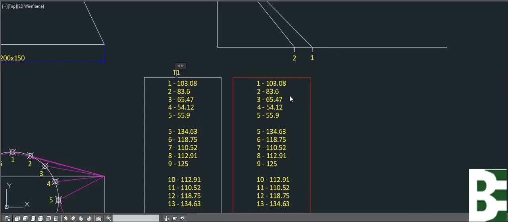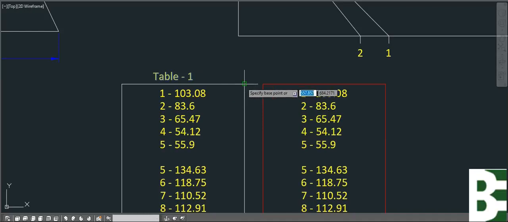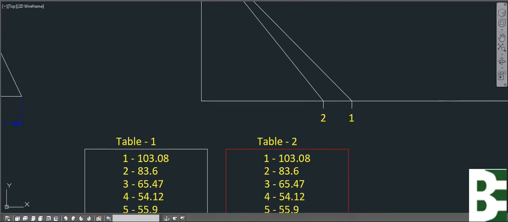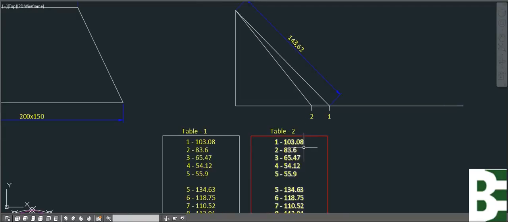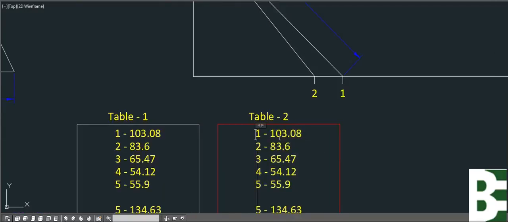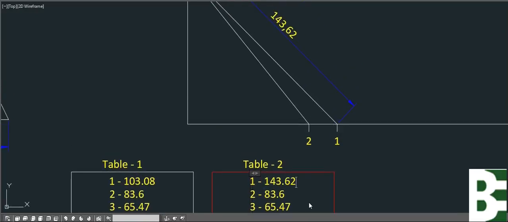This is table number 1. All the dimensions from the plan view we have put in table number 1, and from table number 1 we will get the dimensions for table number 2, same like this, 143.62 for number 1.